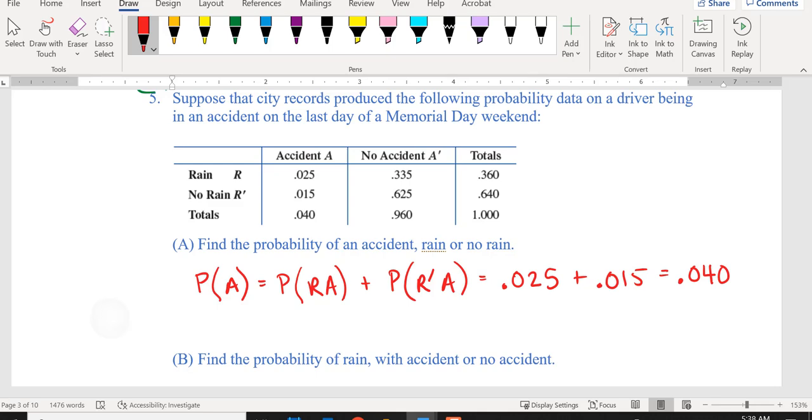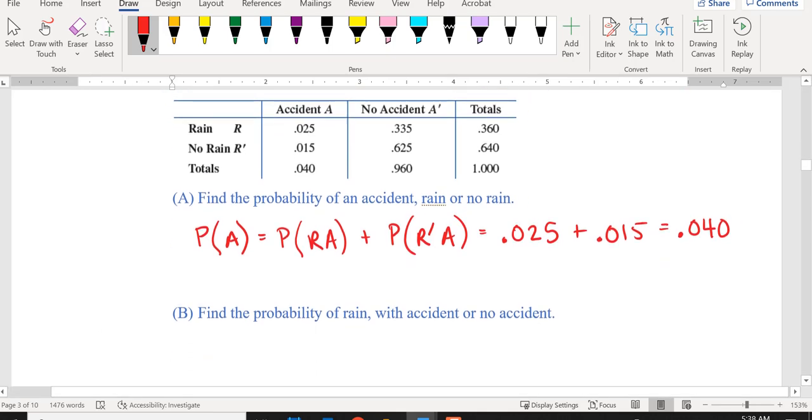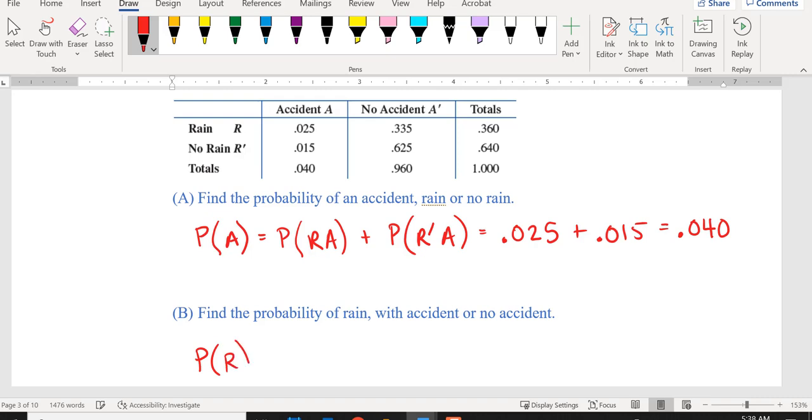Now find the probability of rain with accident or no accident. So the probability of rain is going to be equal to the probability of rain with accident plus the probability of rain with no accident.